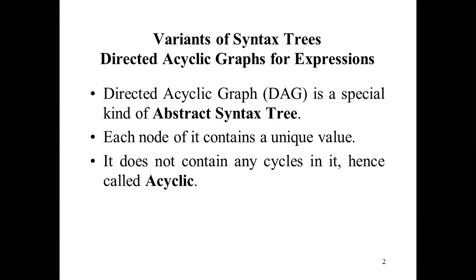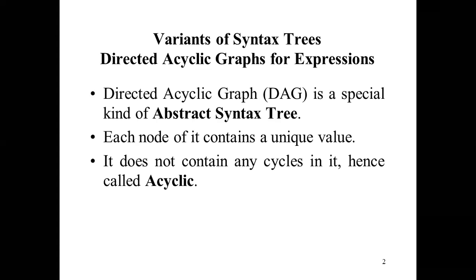In this case, each node contains a unique value. It does not contain any cycles in it, hence it is called acyclic.